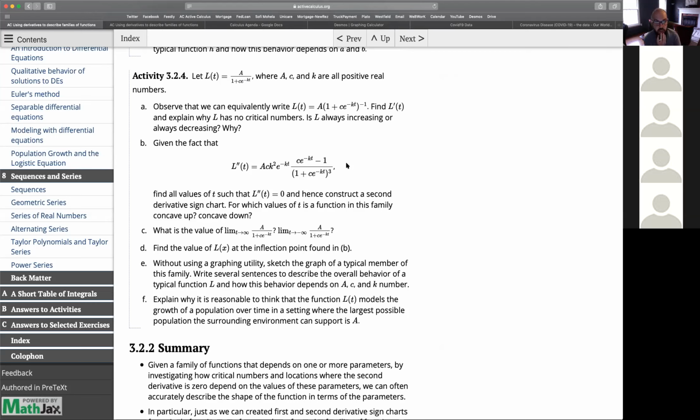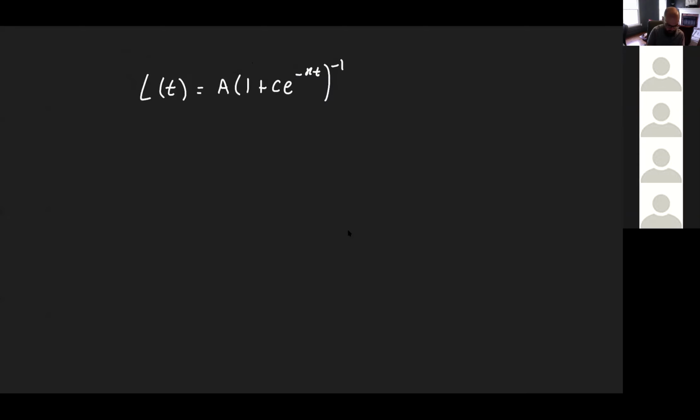We're going to take the derivative and see why it has no critical numbers, and try to determine whether it's always increasing or decreasing. If it has no critical numbers, then the derivative is never going to be 0 and never going to be undefined. So it will always be positive or always be negative.